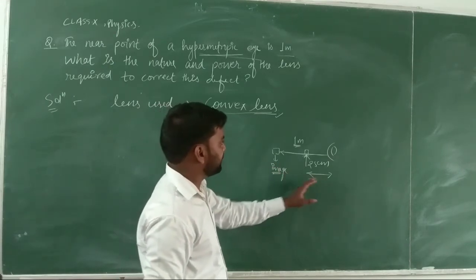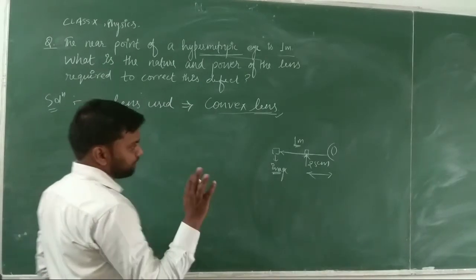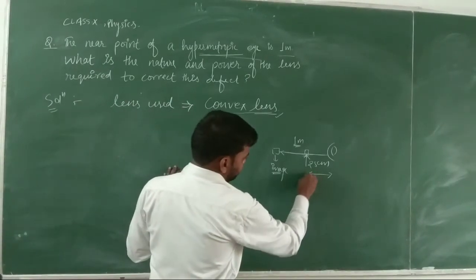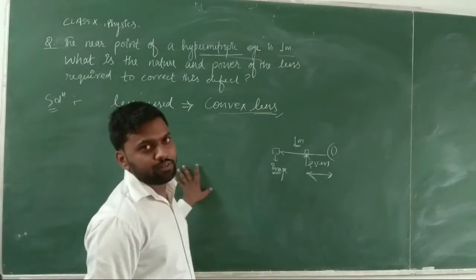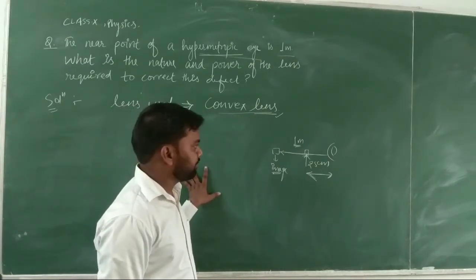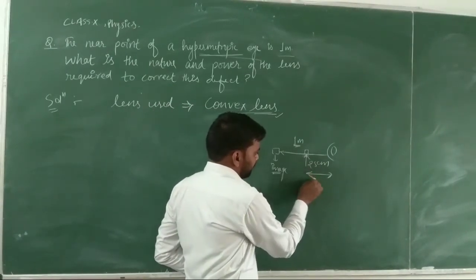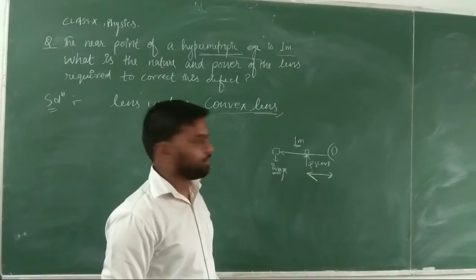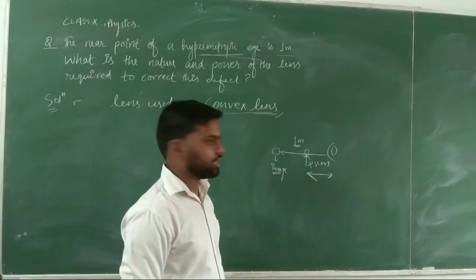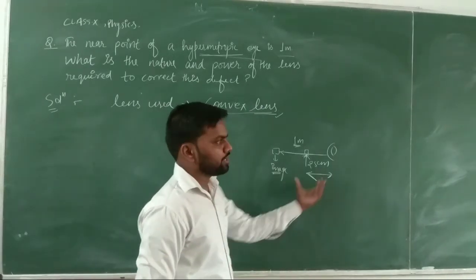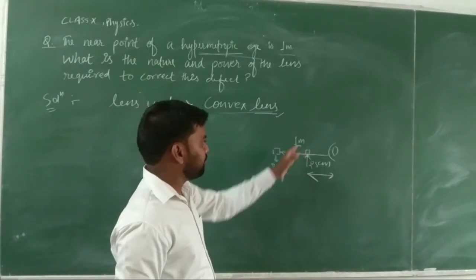So we can easily calculate all the things by this information. But we can see that 25 centimeter is not given in your question. So we will take the normal object distance for a normal human eye, that is 25 centimeter, up to which a human can see an object clearly. It is given, so we will also use it.